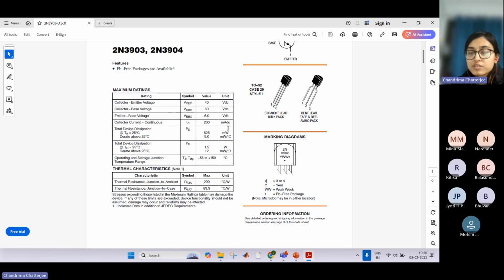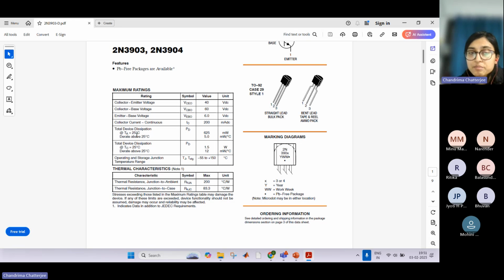You will have to reduce it, otherwise the device may get damaged. Derating means you reduce the current so that power dissipation also reduces as the temperature rises from 25 degrees Celsius. Then there is total device dissipation, and this TC is the case temperature.